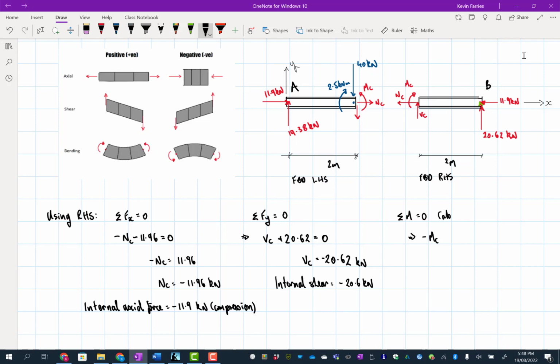Let's do it about B. It's going to eliminate more forces. So that's negative MC. Then if we're doing it about B, we've got VC going this way, so that's tending to rotate this clockwise, so it's also negative, and it's VC sine 2.